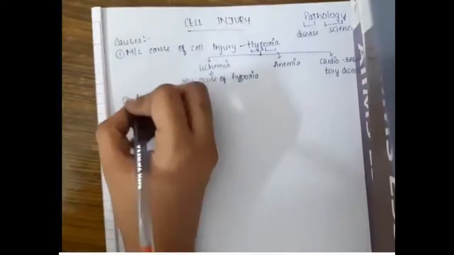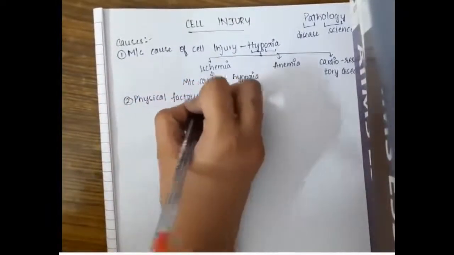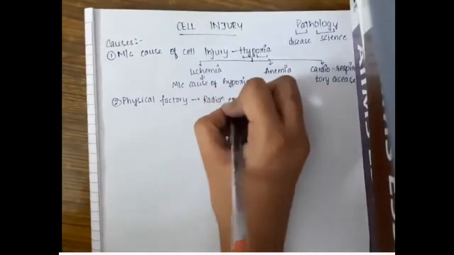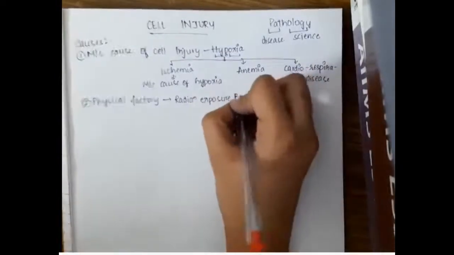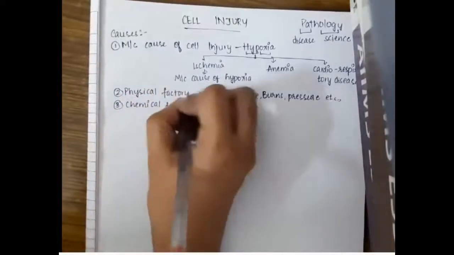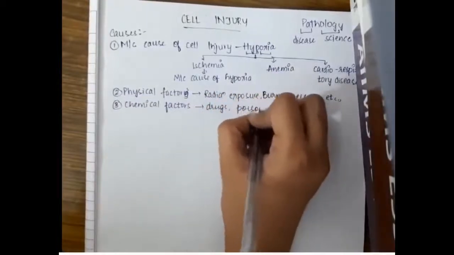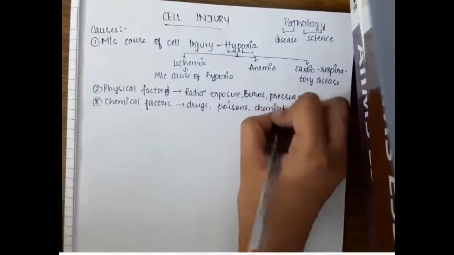Then the next cause of cell injury is physical factors, like radiation exposure, burns, and pressure. Then we also have chemical factors responsible for cell injury, like drugs, poisons and chemicals, which can also cause death of the cells.